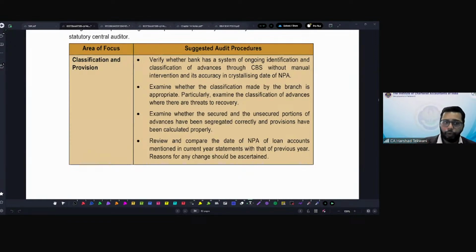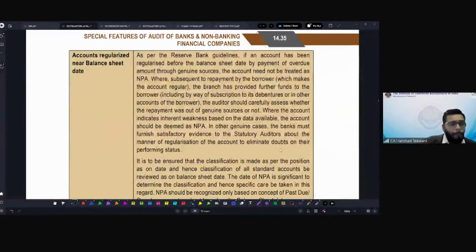So let's quickly go through this particular part from the study material. Classification and provisioning that we discussed in detail, like whether the classification is done through CBS without manual intervention. Now we saw in the report also, classification made by the branch is appropriate, the way we saw secured and unsecured portions, so that you can calculate appropriate provisions, NPA calculation, compare the date for the NPA, accounts regularized near the balance sheet date.